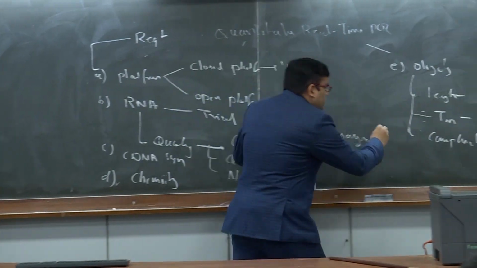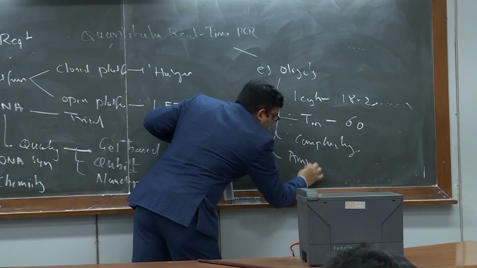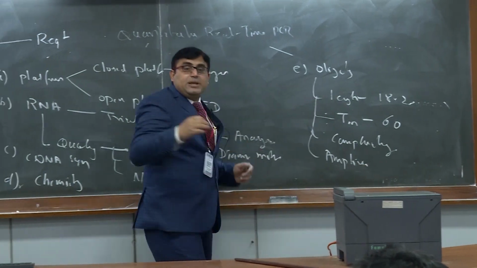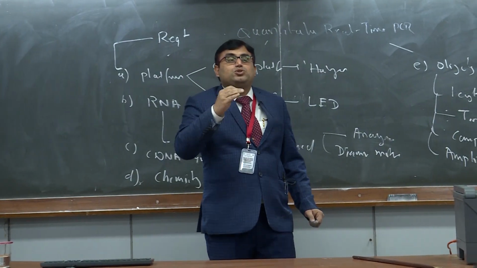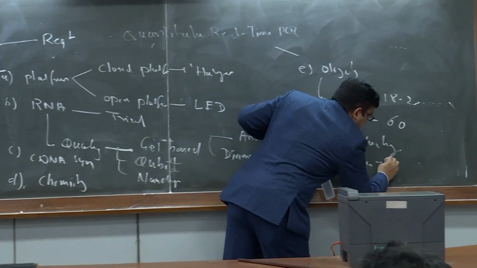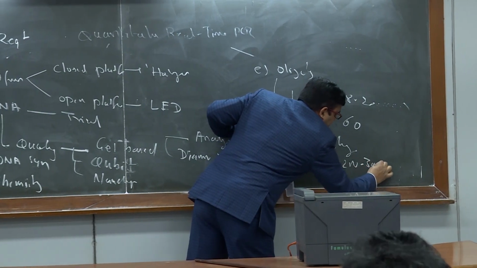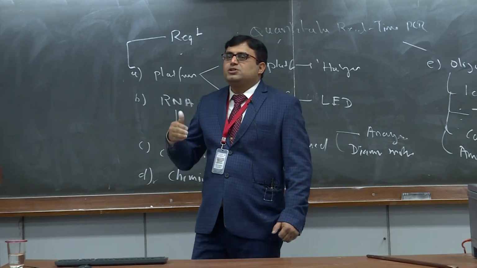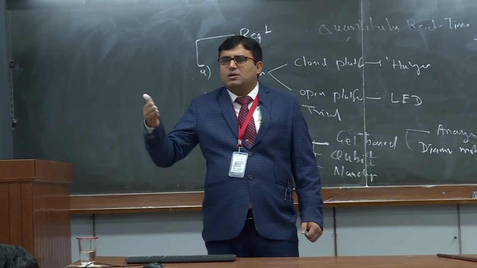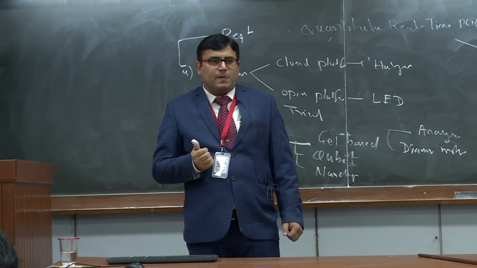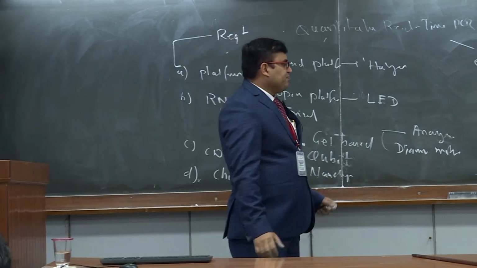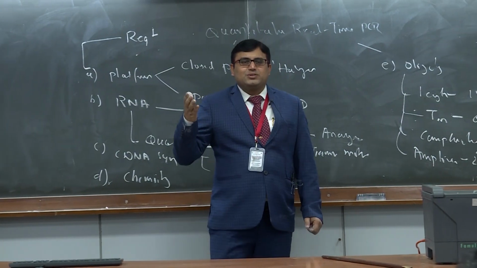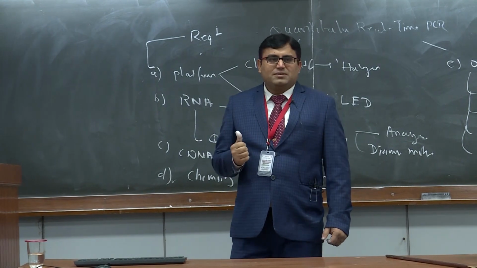One precaution you have to take is that the amplicon size should be between 200 to 300 base pair. Now you have to tell me why the amplicon size should be 200 to 300 base pair, why not 1 kb, 2 kb, 4 kb? The answer is, it's not that if you take 1 kb it will not show the expression of that particular gene.